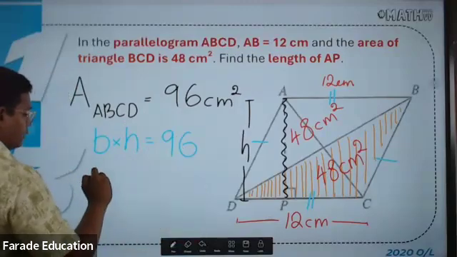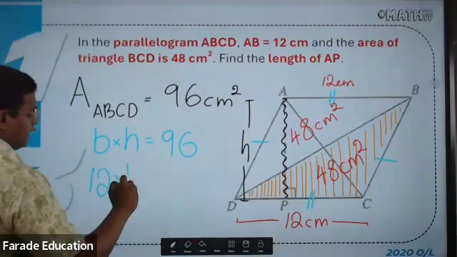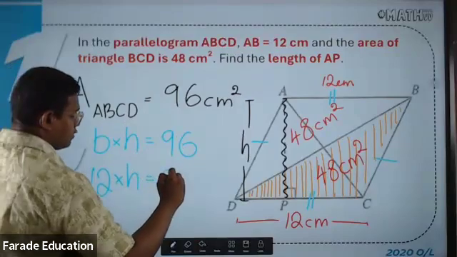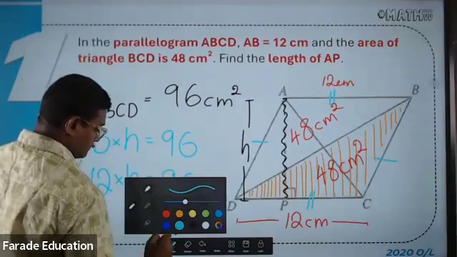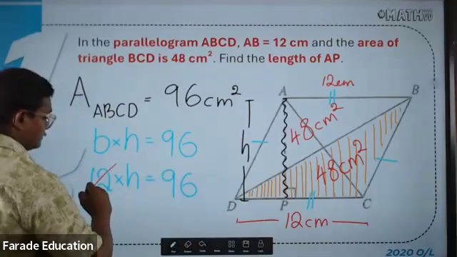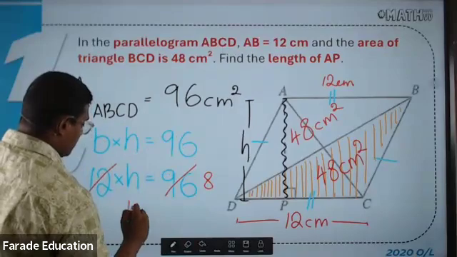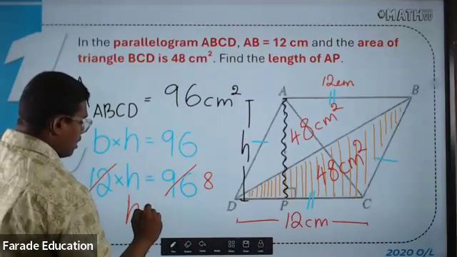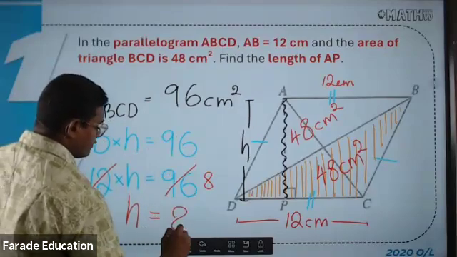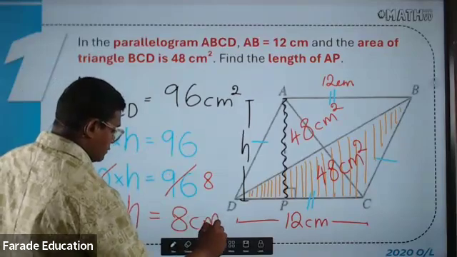Base I know, 12. Perpendicular height h equals 96 by 12, which is 8. Answer is perpendicular height h or AP is 8 centimeters.